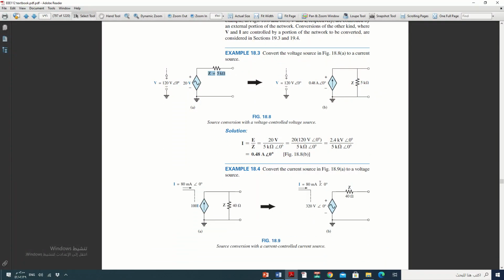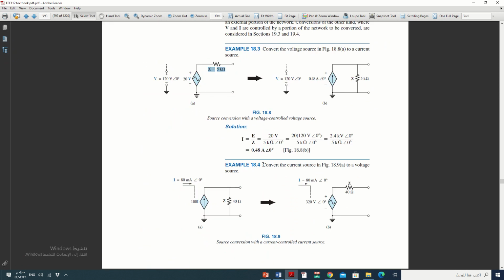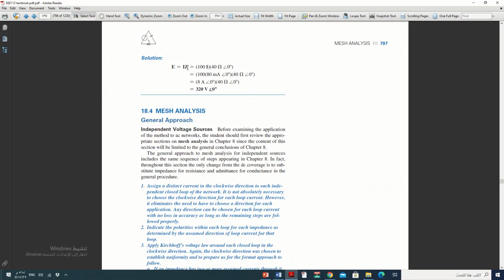Last example in this chapter, converting a current source to a voltage source. Same thing: we have this current source depending on I, and I is coming from another source, which is 80 milliampere. How do we find the value? We multiply 80 milliampere by 100 and then multiply by Z, and you get the value of voltage, like here, V equals I times Z. What is I?